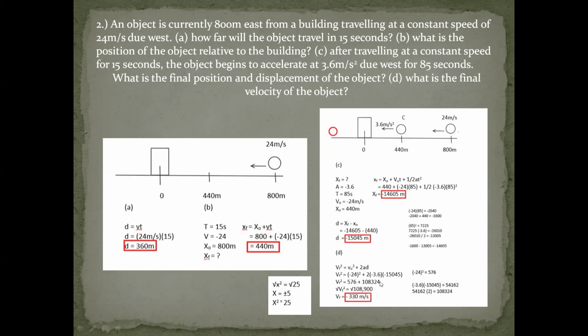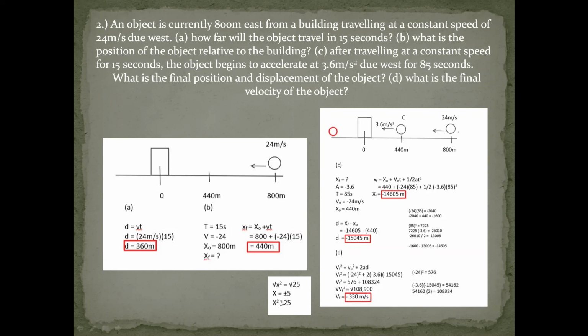So you're just going to add that up and you're going to get 108,900. Para mawala yung squared dito sa Vf squared, you're going to square root them both sides and you're going to get 330 meter per second. Now, bakit siya naging negative? It's because if you square any number, it can either be positive or negative.